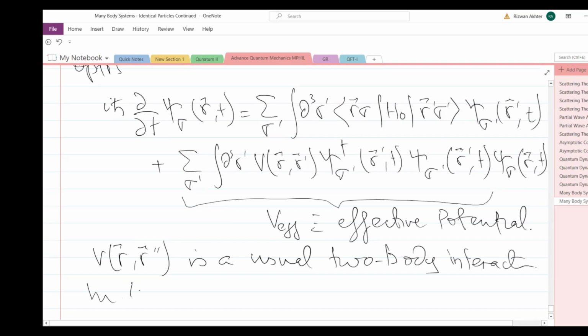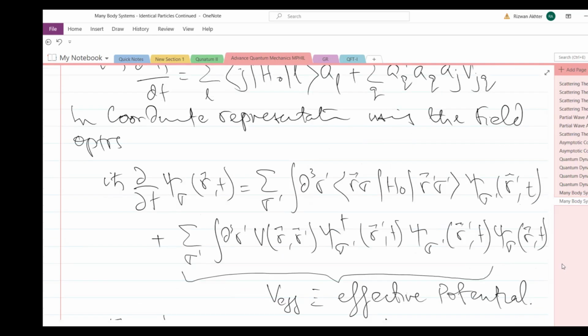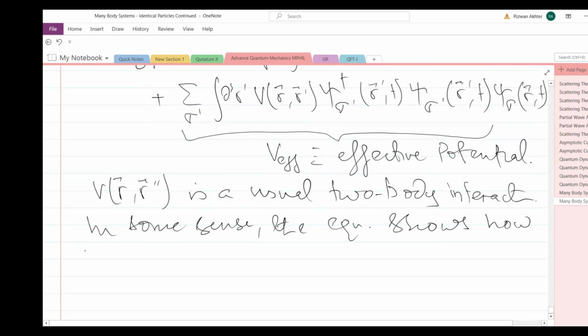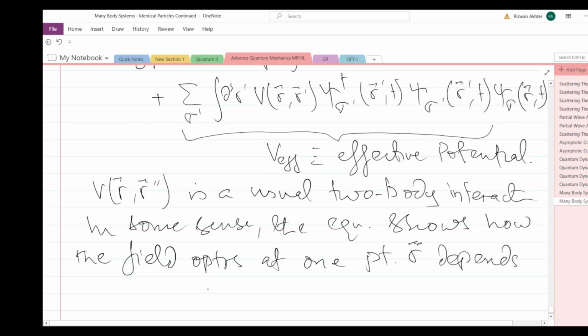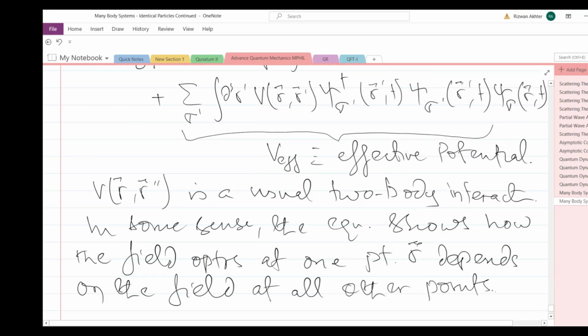So in some sense, the equation above shows how the field operators at one point, let's say r, depend on the field at all other points.